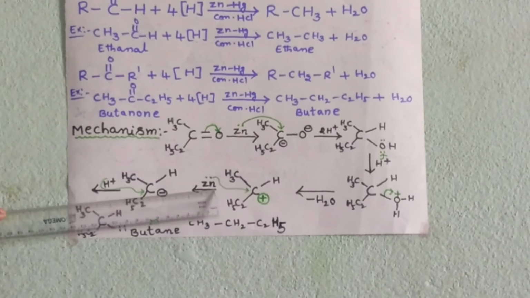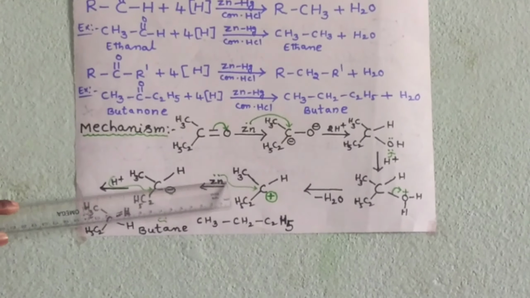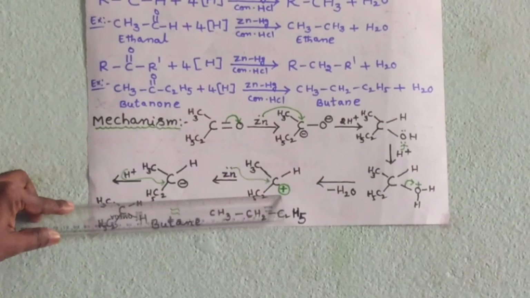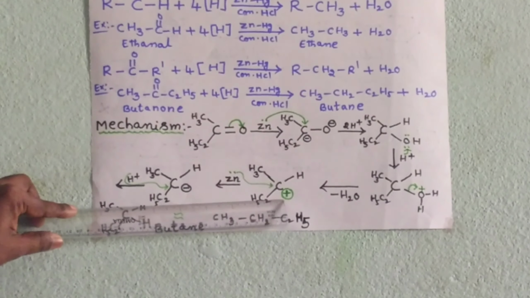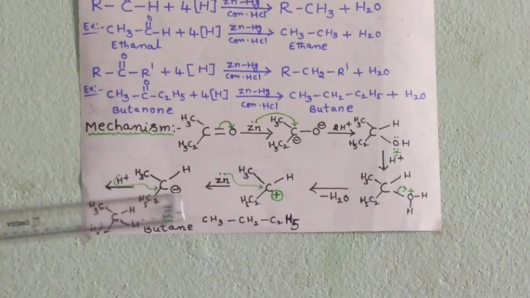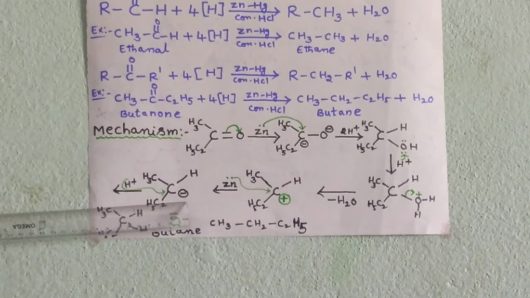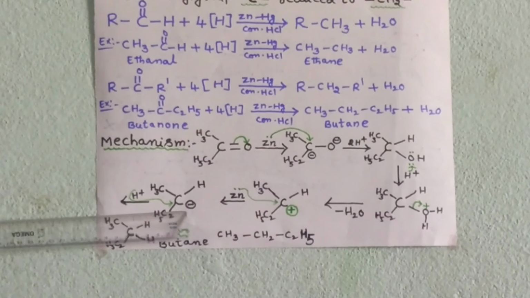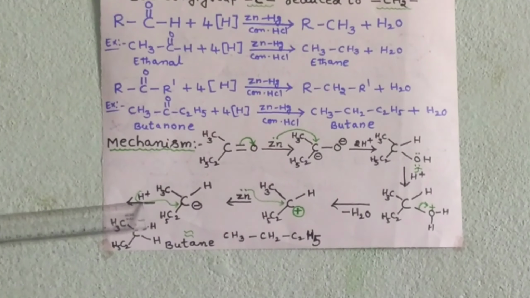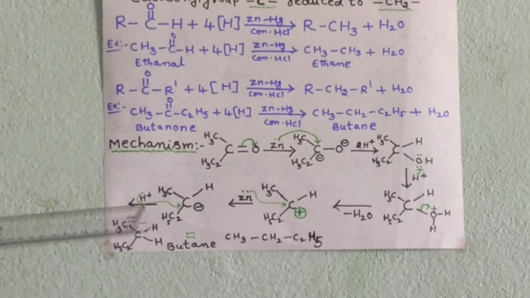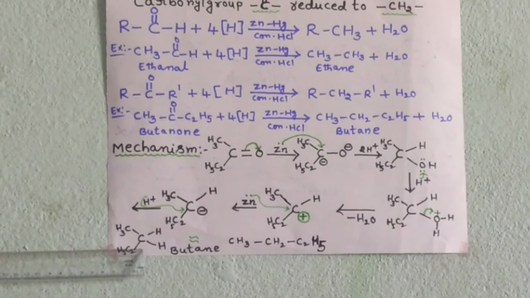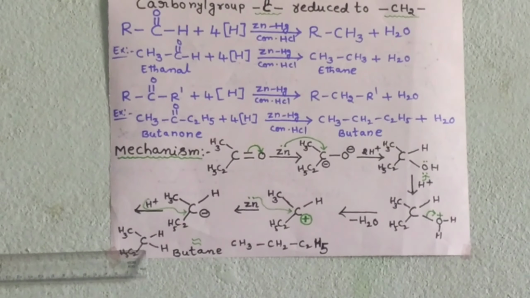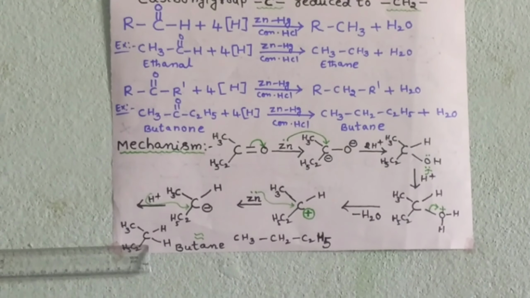Now the zinc atom again gives its 2 valency electrons to this carbocation, and after getting 2 electrons from the zinc atom, it is converted into a negatively charged species. Now this negatively charged species gets 1 H plus ion, and is converted into butane as the final product. This is the mechanism that takes place in Clemmensen reduction.